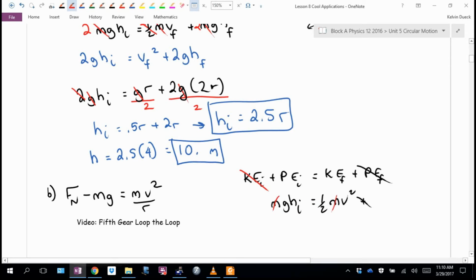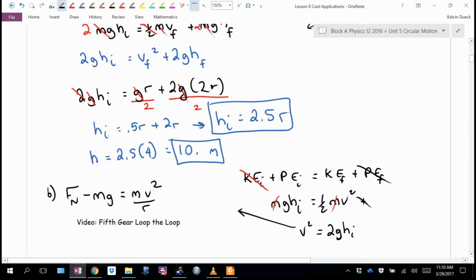I'm going to get the v squared by itself because there's a v squared in my equation over here, so I'm not going to bother square rooting. I'm going to get v at the bottom squared is going to be 2 g h initial. Is that all right?